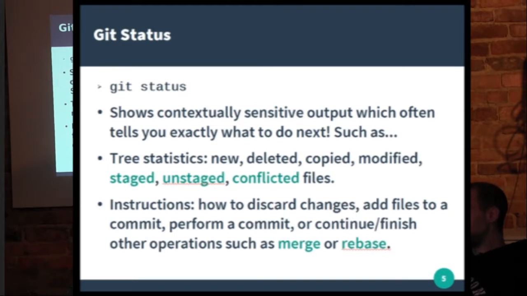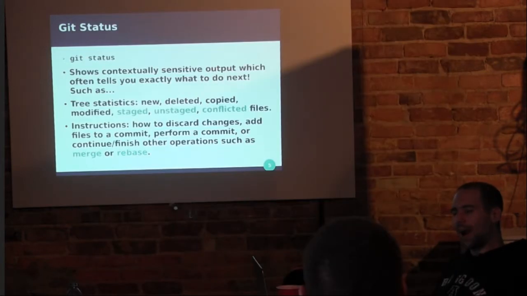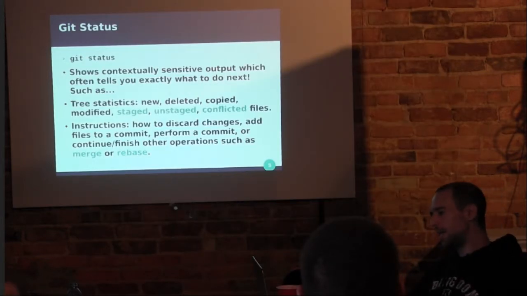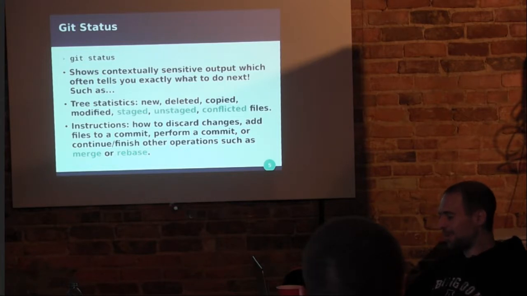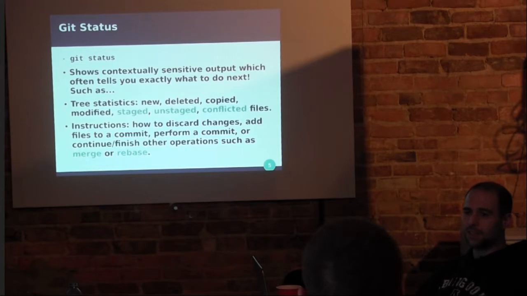It'll also tell you how to discard the changes that you make to files that it lists. If there are modifications, it'll tell you how to discard them or add them to a commit. And you'll see examples after this, so hopefully it'll become a little more clear. But there's a lot of power in just typing git status right there in the command line.